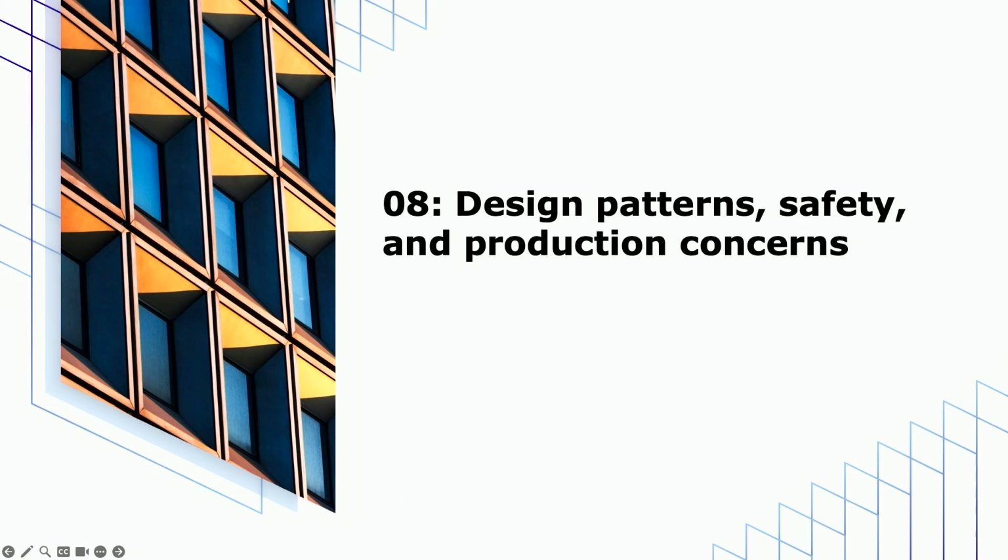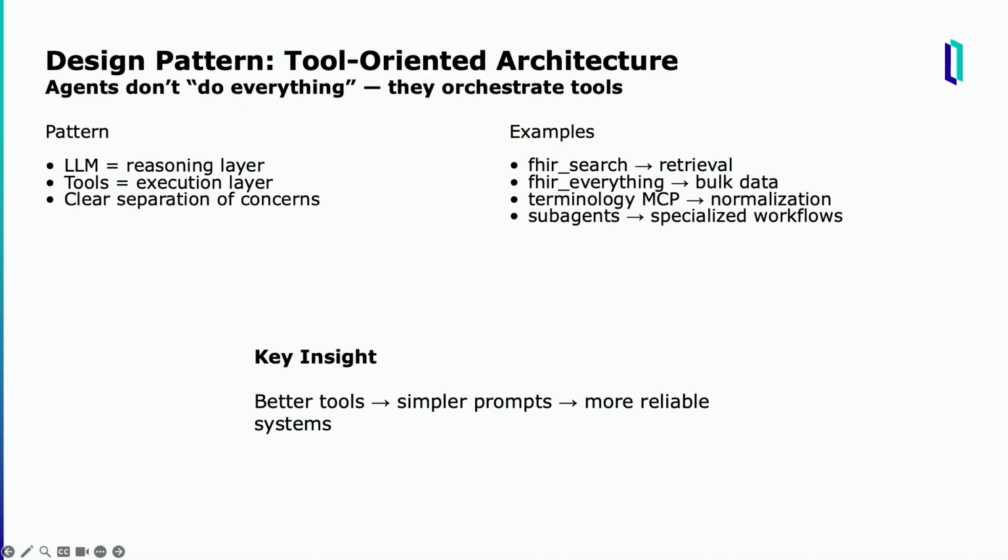We've already covered some of it, but the most important thing is to emphasize that the LLM should be your reasoning layer. The tools are handling execution. So FHIR retrieval, terminology resolution, and summarization should each be represented with clear capabilities. Better tools usually mean simpler prompts and more reliable systems.